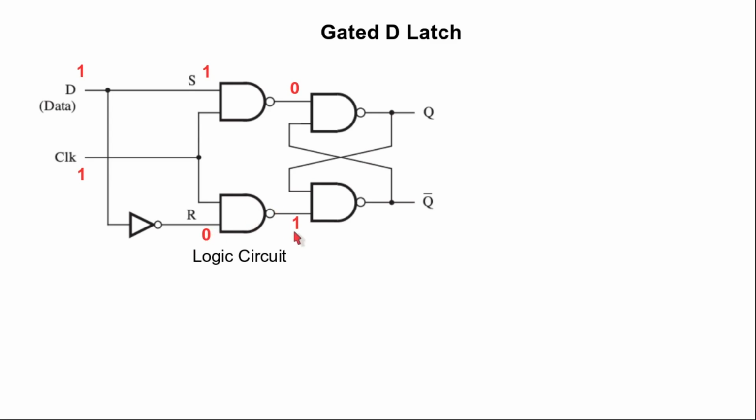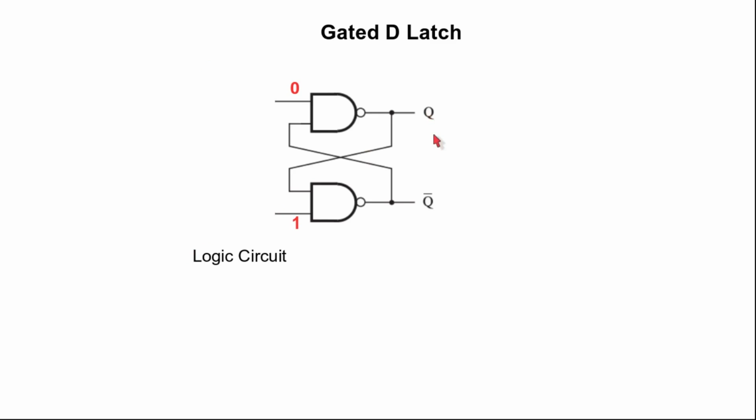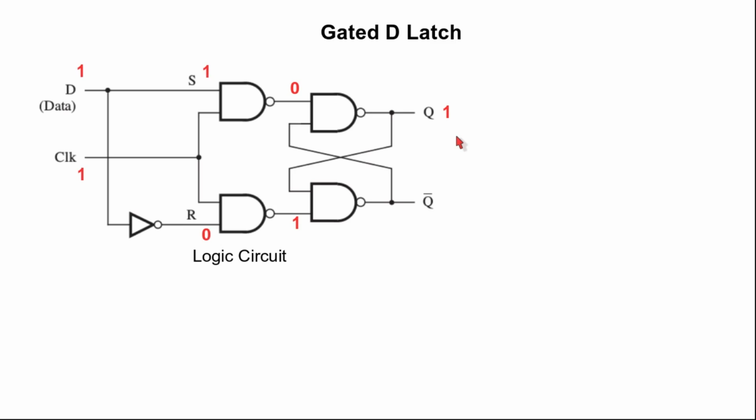Hence we have a situation where the S input is 0 and the R input is 1, and this input combination signifies that the basic SR latch using NAND gate will go to the set state, which means Q will be equal to 1. So what we saw is when clock input is 1 and D input is 1, the Q output will be equal to 1.